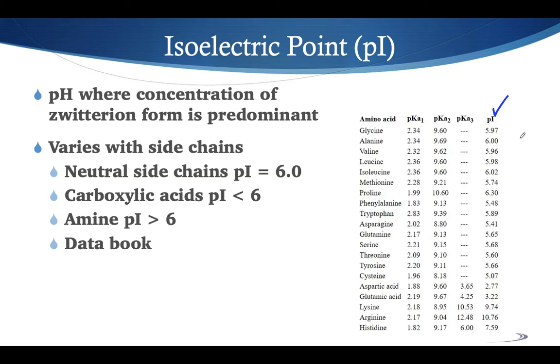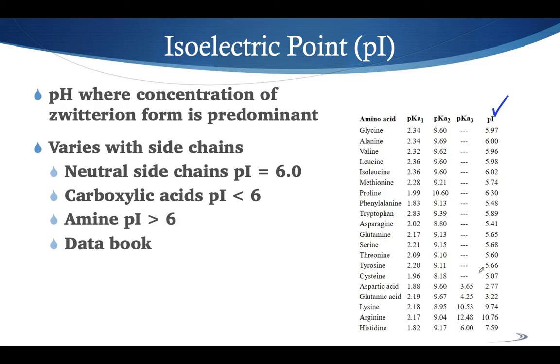You can see that it varies, right? Many of them are neutral, aren't they? Relatively neutral. And for us, neutral would be around 6 or so. I know you think of neutral as being 7, but we tend to think with amino acids that a neutral isoelectric point is around 6.